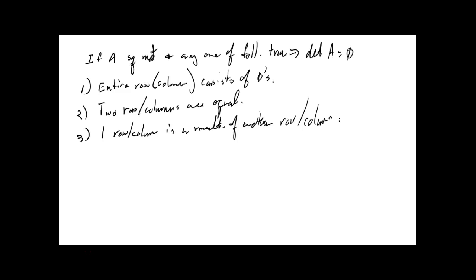Any questions? Let's just show a few of these. What's the determinant of 0, 0, 0, 2, 4, negative 5, and 3, negative 5, 2? What's the determinant?